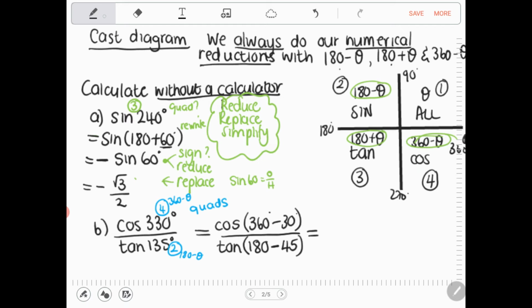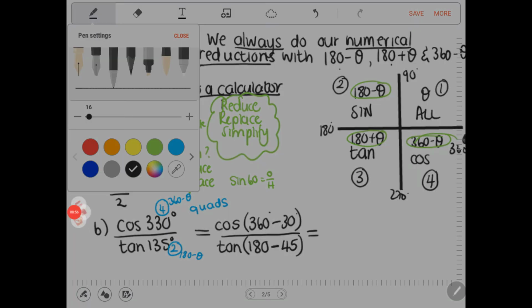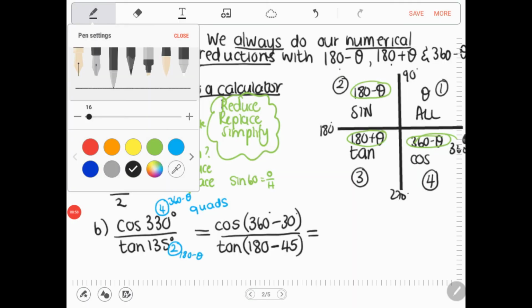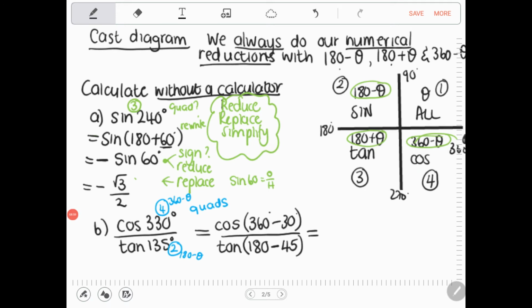All right, now we can go and we can use our signs. So cos in the fourth is positive, and we're going to reduce it to that 30 there. And tan in the second is negative.